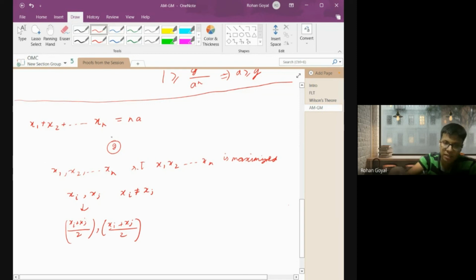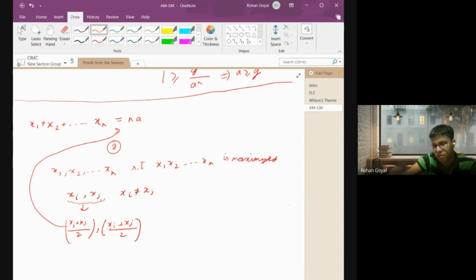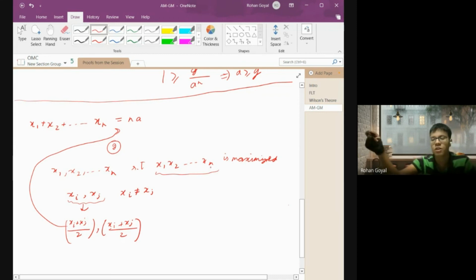Observe that the sum remains the same and the product, by the two-variable AM-GM, has increased. So the product couldn't have been maximized if any two are unequal. So if the product is ever maximized, it must be when all are equal.